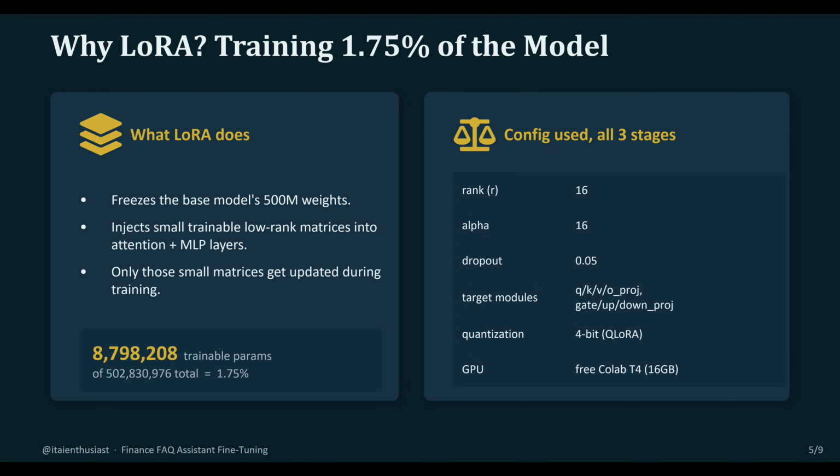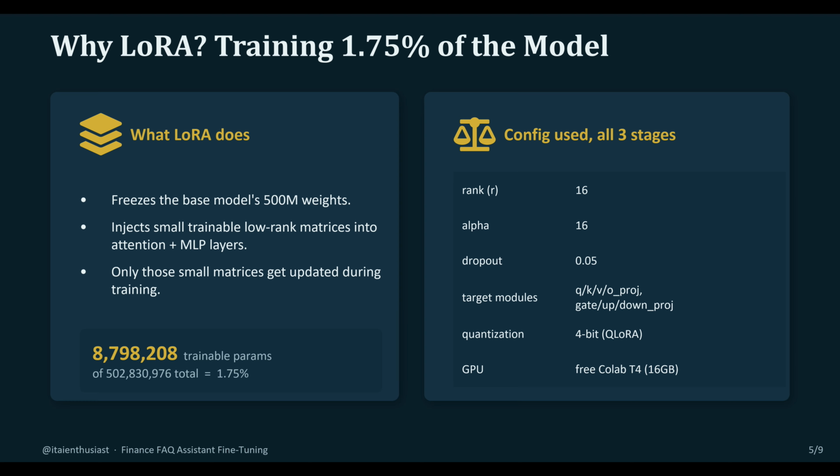Why can this run on a free T4 with only 16 GB of VRAM? Because we are not touching all 500 million parameters. LoRA freezes the base model and only trains small low rank matrices bolted onto the attention and MLP layers.